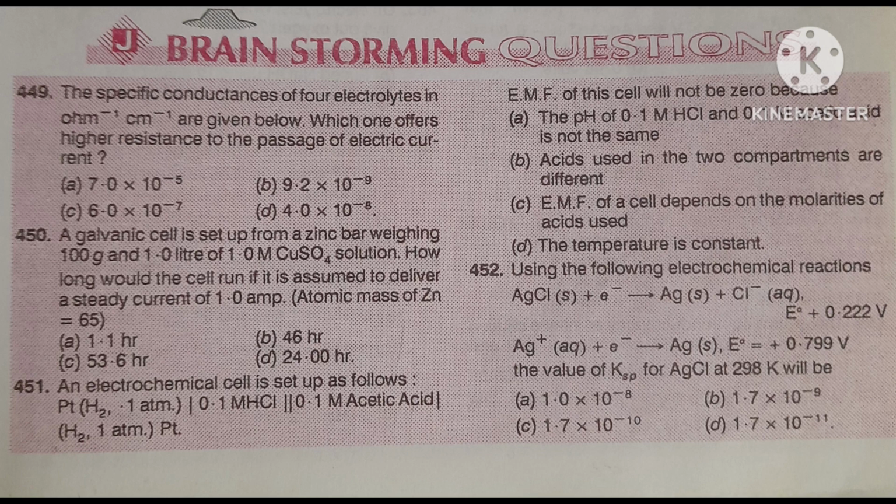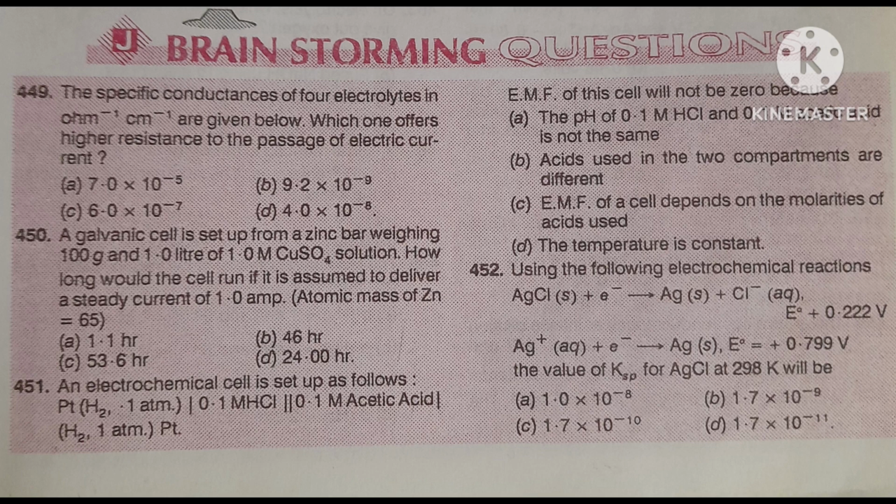Option B is 9.2 into 10 to the power minus 9. Out of the 4 options, all are conductance values, and the least value is 9.2 into 10 to the power minus 9.